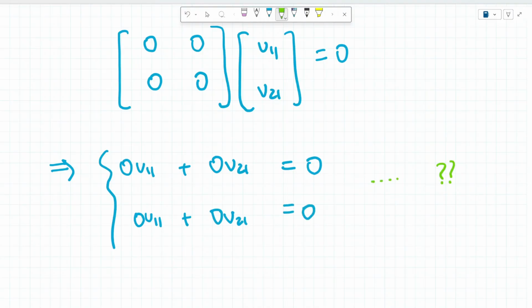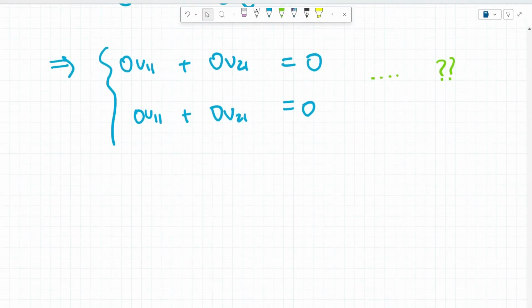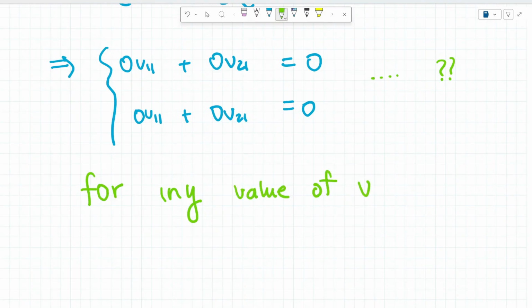So what does that tell us? Well, this is actually a pretty interesting case. What this tells us is that our equation is satisfied for, oh my goodness, big climax here, any value of v11 and v21.